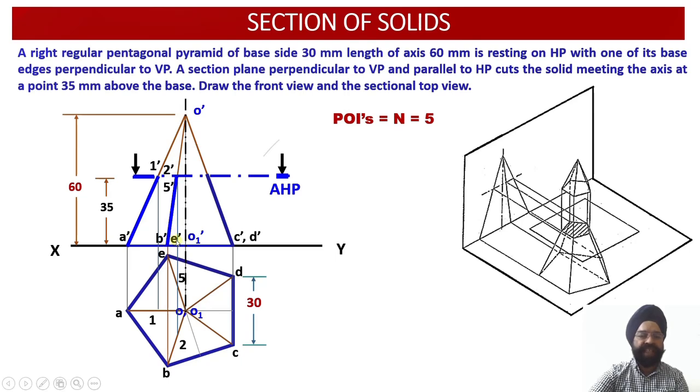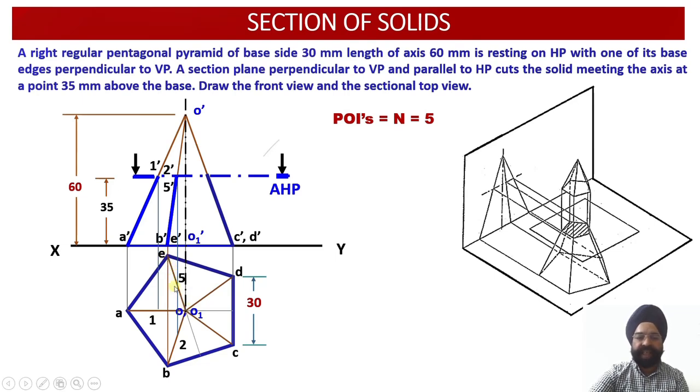Since E is the fifth point, corresponding to E the numeral value assigned is 5 dash over here. So O dash E dash has been cut by the cutting plane at the point 5 dash. Once again, from 5 dash I will bring the vertical projector till it intersects the top view of the slant edge, which is O and E over here.